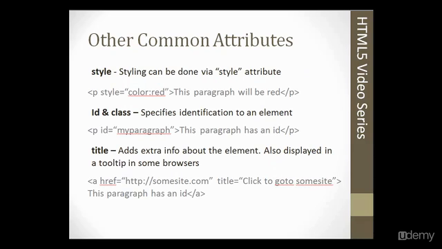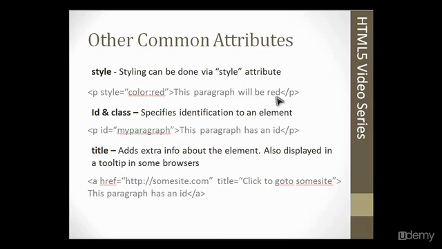So we have some other common attributes. The style attribute is a big one. The style attribute will allow us to design the layout and the look of our page, of certain elements on the page. And here we have an example. We have a p tag, which is a paragraph tag, wrapped around the text.